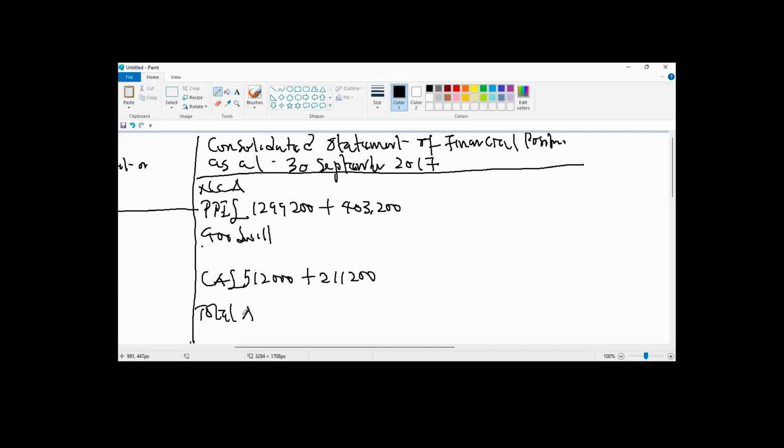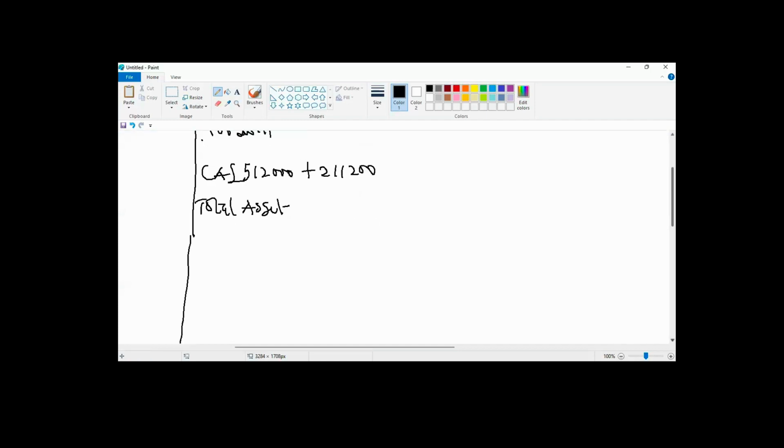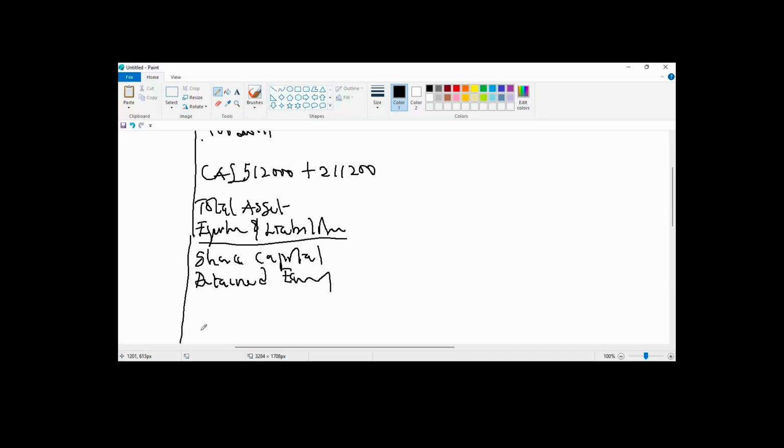Total assets. Equity and liabilities: share capital, retained earnings, NCI.